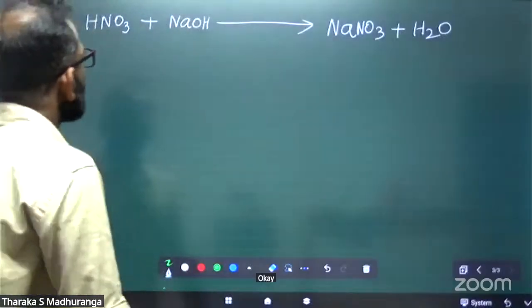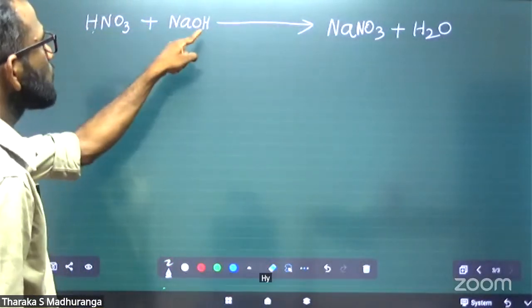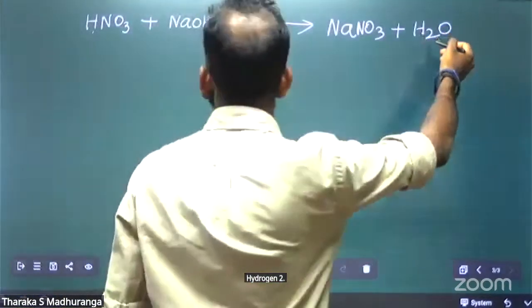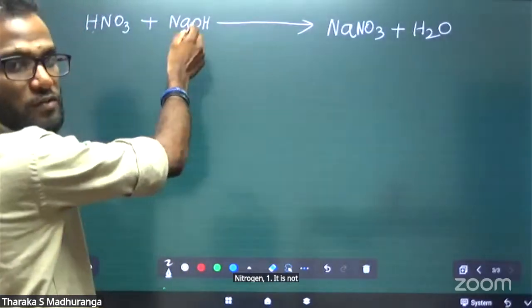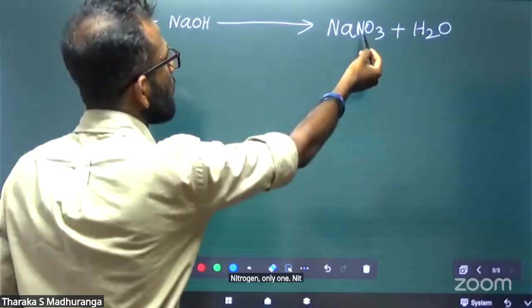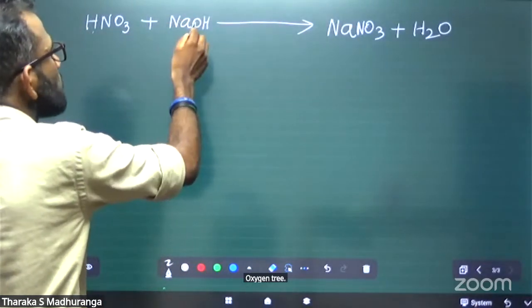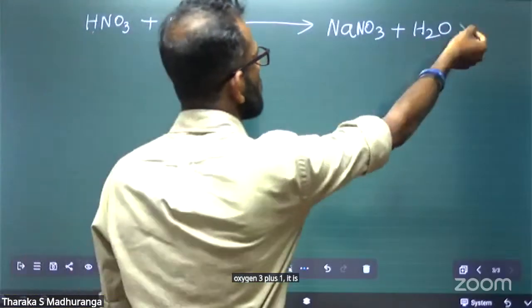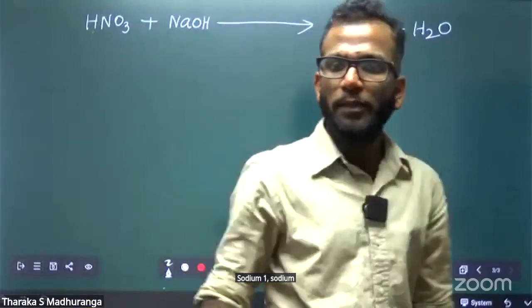Okay, now how to balance this? You have to check hydrogen: 2 on this side. Nitrogen 1. Oxygen 3 plus 1, it is 4. Sodium 1, sodium 1. It is already balanced, right?